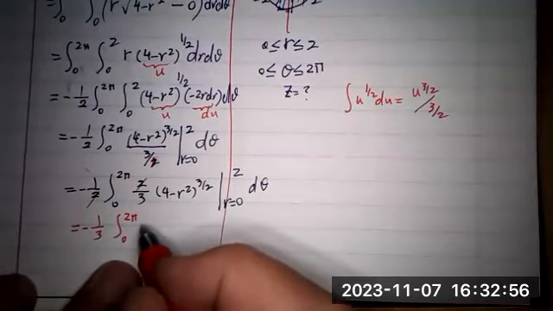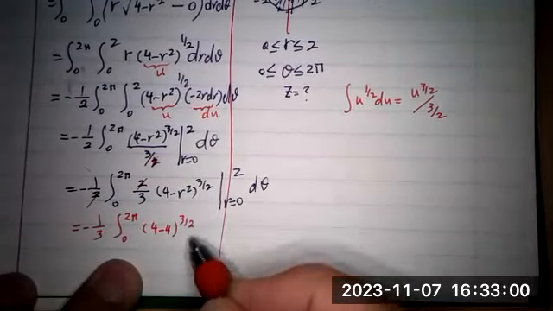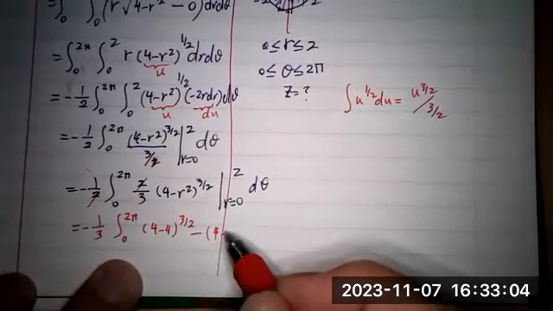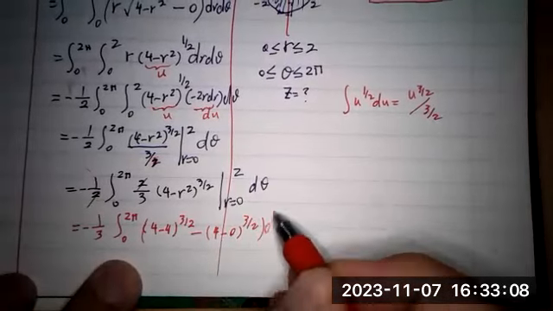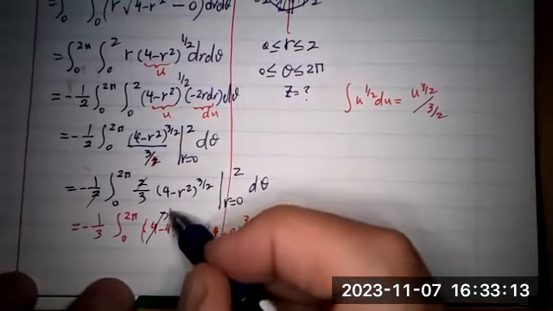If you put r equal to 2, that gives you 4 minus 4 to the 3/2. Minus, you put r equal to 0, so that gives you 4 minus 0 to the 3/2. Then d theta. Okay, 4 minus 4 makes it 0.